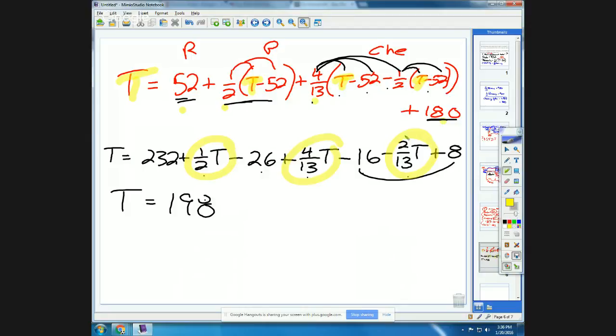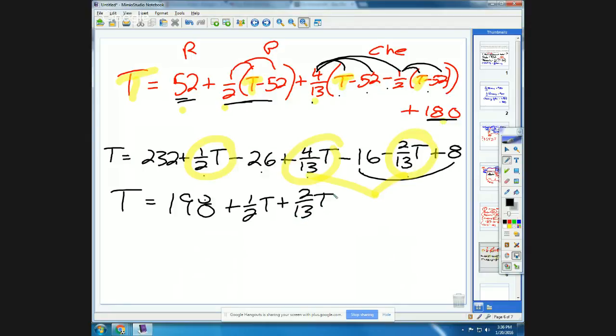So remember, a variable is just like an object. I have half of that object, I have 4/13 of that object, and I'm losing 2/13 of the object. So this one's the easiest one to do because they have a common denominator. What's 4/13 minus 2/13? That's 2/13, okay. So that means I just have to clean up the remaining part, which is 1/2 t plus 2/13 t.